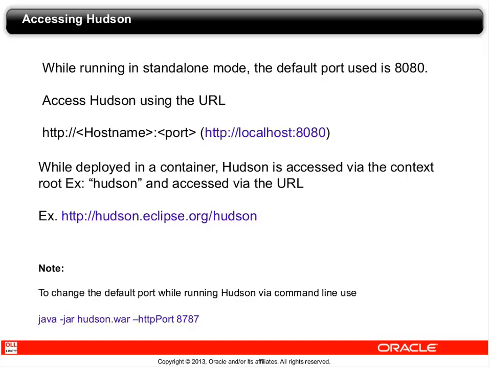For security purposes, most of the time when you are installing Hudson, you usually front it with a web server like Apache or Nginx for best security. In that case, usually you don't use the port number, and you can directly use that.